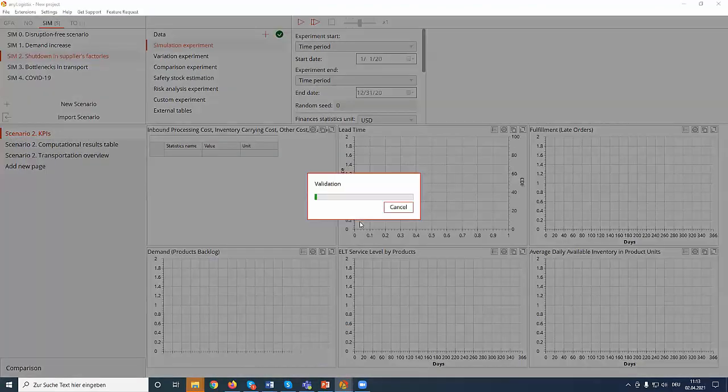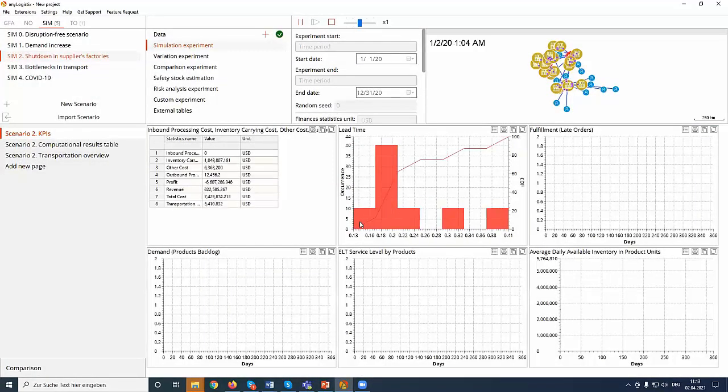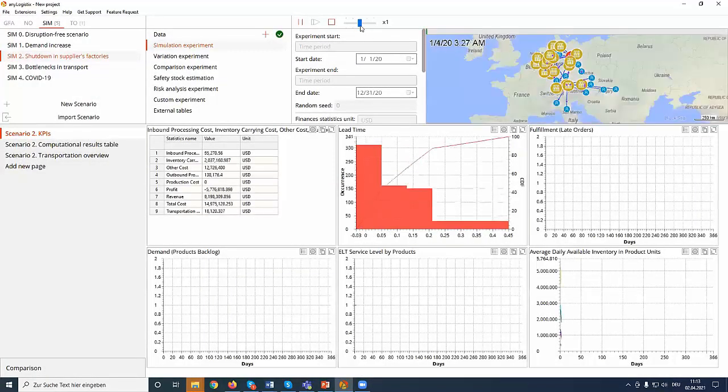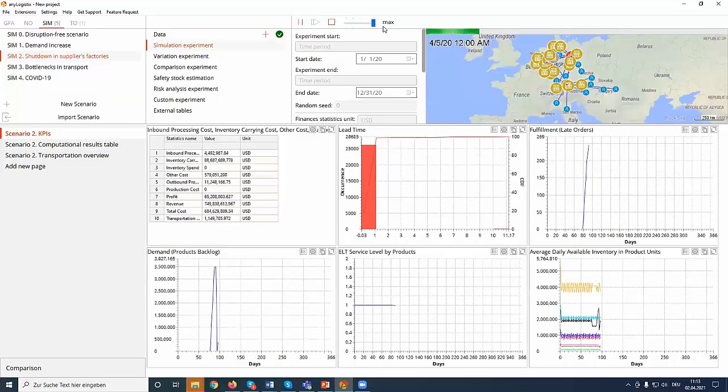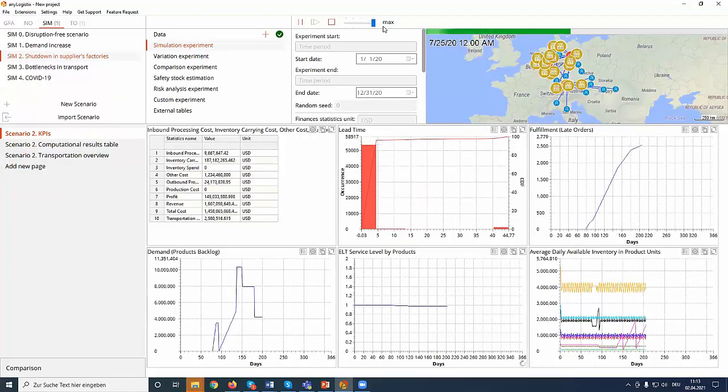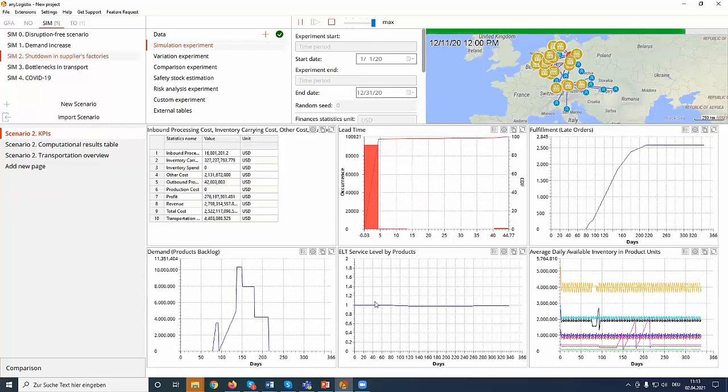Well, looking at this scenario, we can observe that the impact on on-time delivery is lower than in the case of surges in demand. And we also can eliminate backlog. Well, okay, here we do not consider supply disruptions through the second wave of the pandemic.